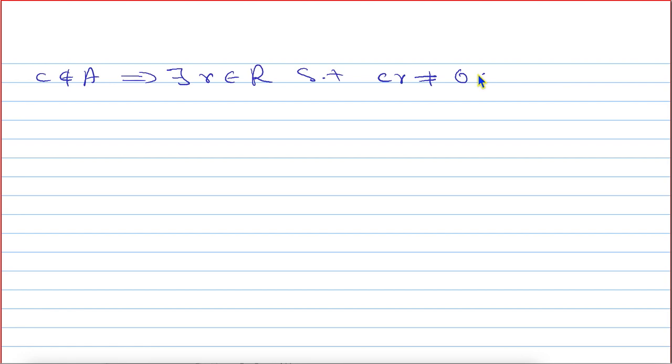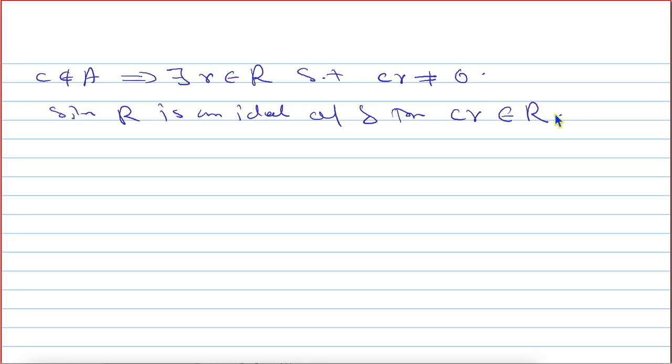Okay? But R itself can be viewed as an ideal of the ring S. So since R is an ideal of S, then the product by any element from S must be again in R. Then Cr must be in the ring R.